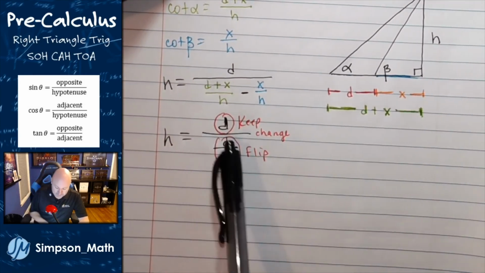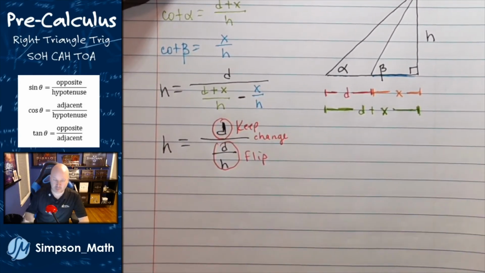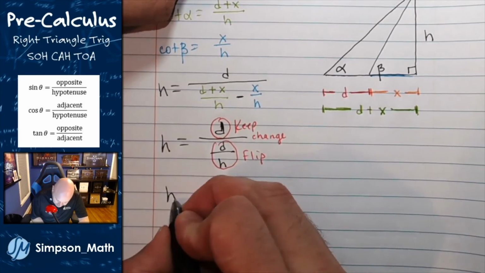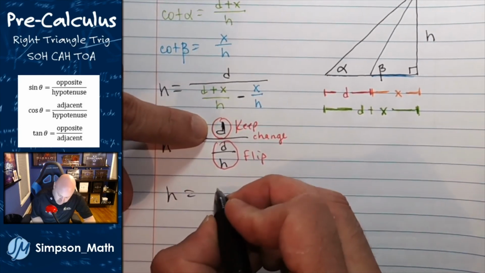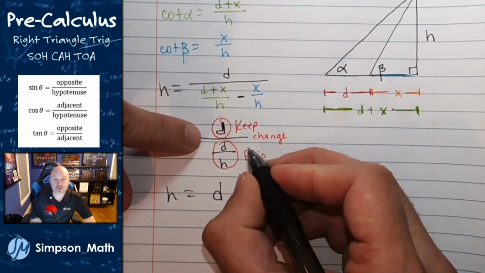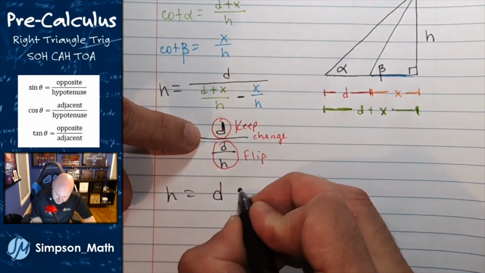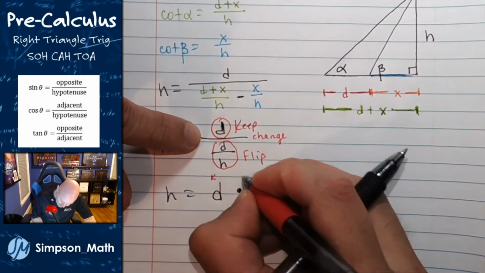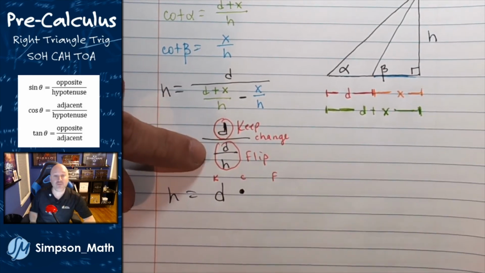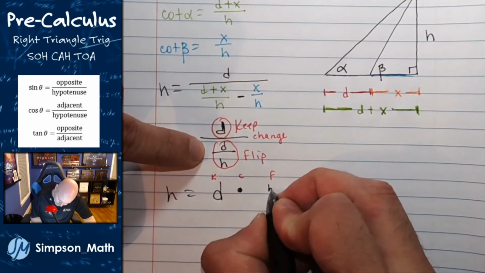That means instead of this problem, you have a whole new problem altogether, where you keep the numerator as d, you change the division into multiplication. So this is my k, this is my c, and then you flip the denominator, h over d.